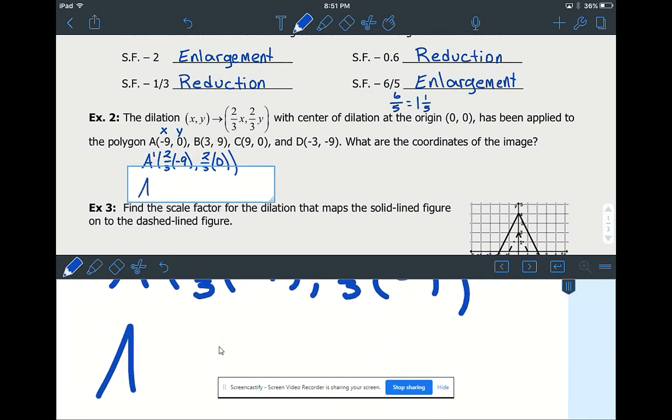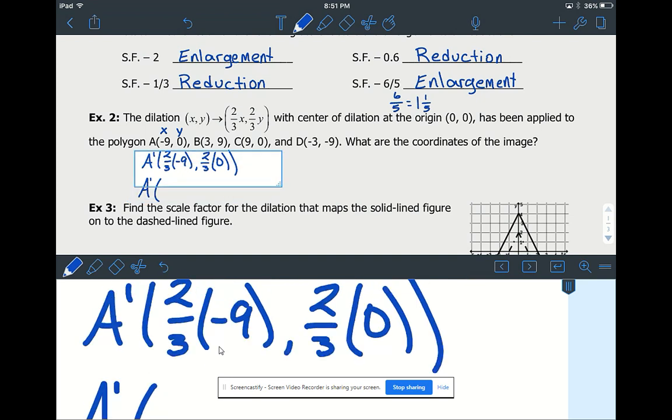So 2/3 times -9. I like to reduce and then enlarge. So you can, if you want to do it all at once, type into your calculator 2 divided by 3, parentheses, -9. You could also type in 2 divided by 3 times -9, or you could do it in your head. So I can take -9.